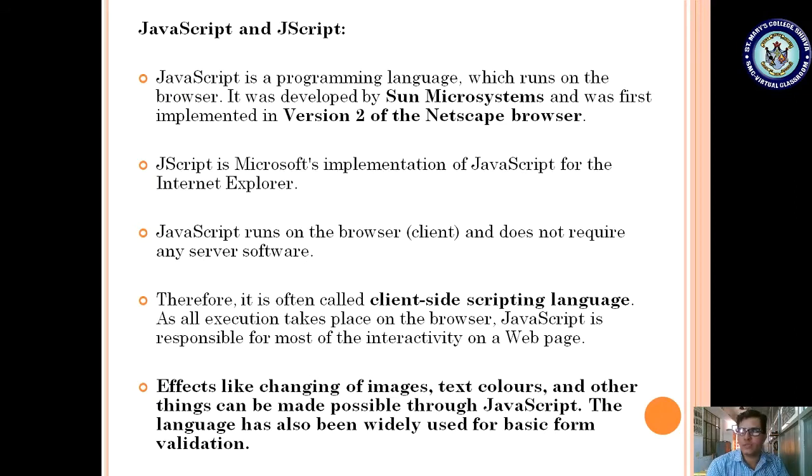The language has also been widely used for basic form validation. For example, I have defined a name or a mobile number as a field, a text box. If I enter something other than a number, it will immediately show a message to enter only numbers.